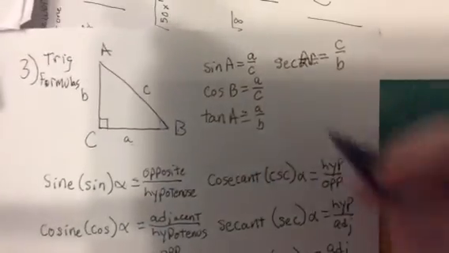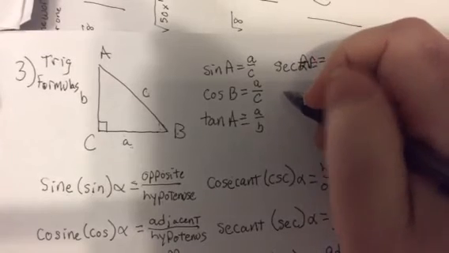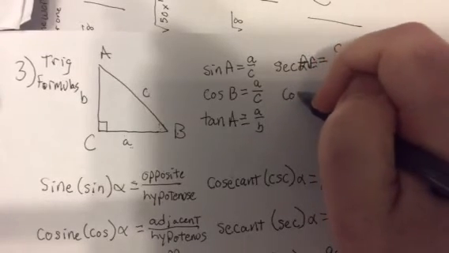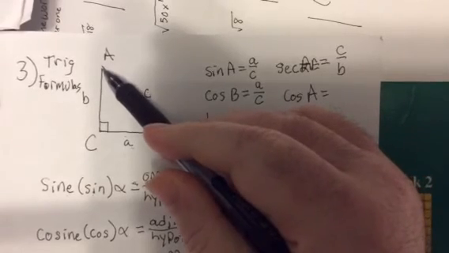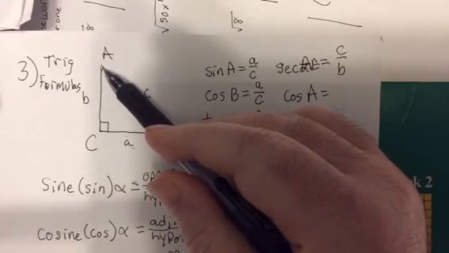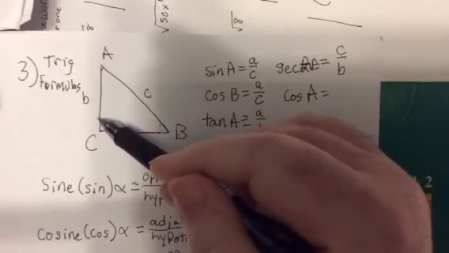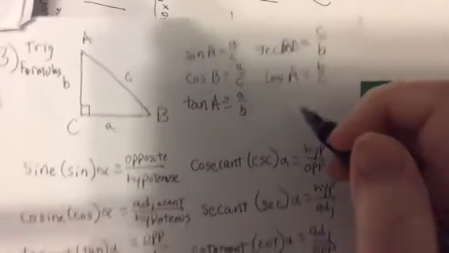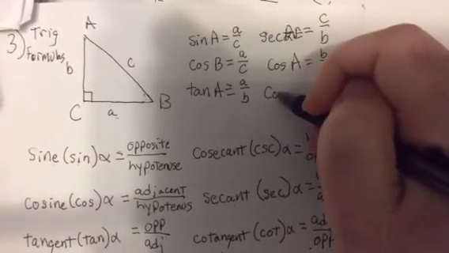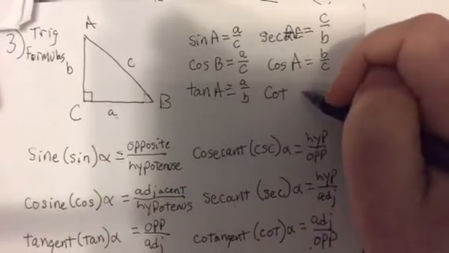So real quick, what is cosine of angle A? You'd say, well, here's angle A. Cosine is adjacent, which would be B, over hypotenuse, which is C. So what is cotangent of B?